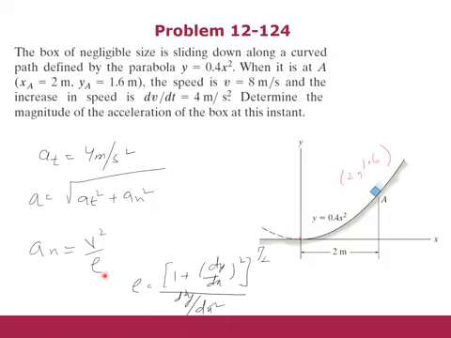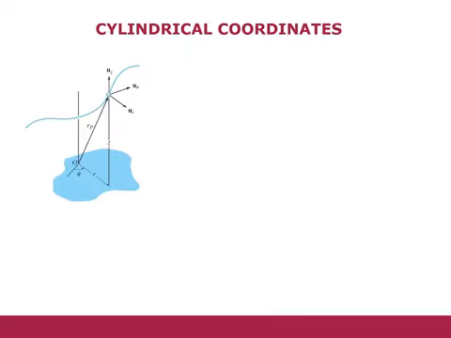When you put this value over here, you can easily find the normal acceleration, and after that you will get the resultant. So please differentiate this function, and you can easily calculate the radius of curvature. So do it by yourself and solve the given problem.